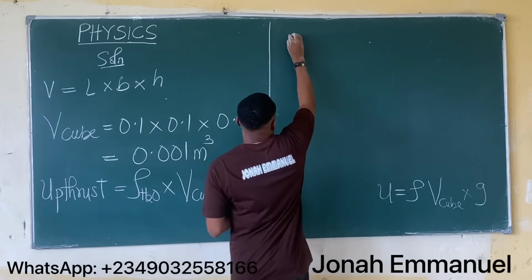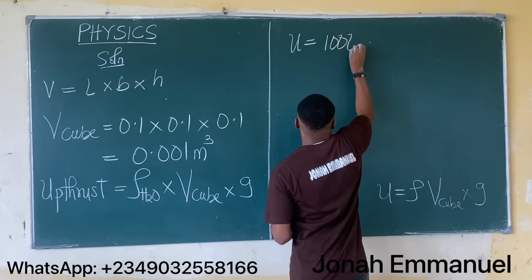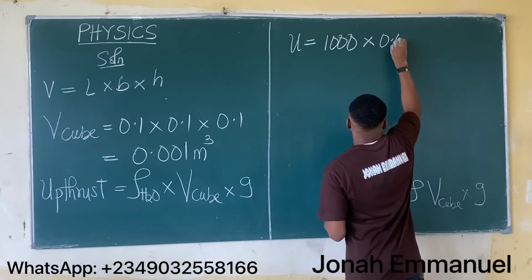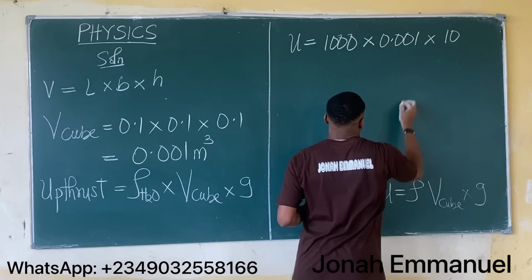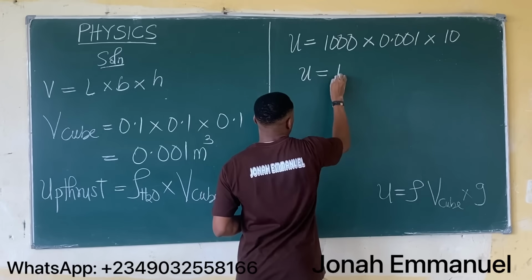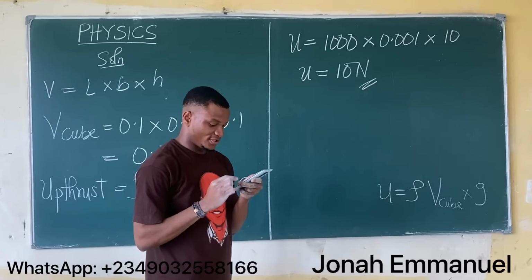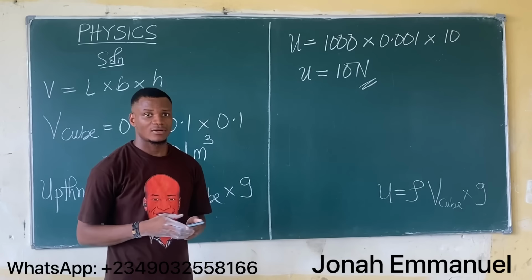So upthrust U is equal to 1000 times the volume of the cube 0.001 times gravity 10. If this multiplies this, you will have 1 times 10 is 10. So the upthrust is equal to 10 Newton, and that is option D, 10 Newton. So that's how you solve this question.